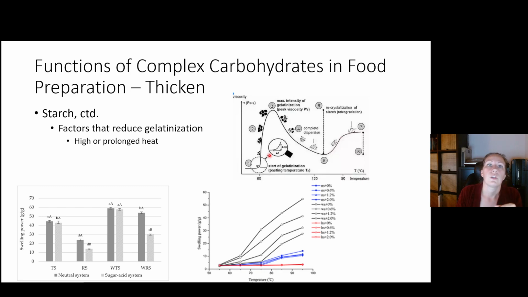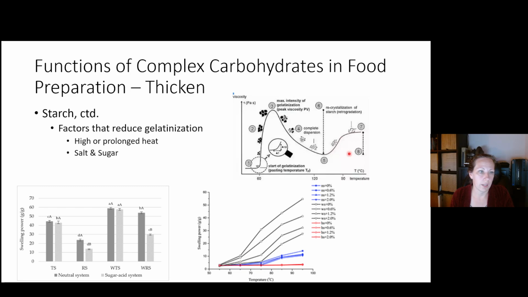So that you add water and break apart the sugar, hydrolysis. And so with too high heat, those starch molecules begin to break apart, and without them being held together, there isn't anything to trap all of that water. And so you lose some of that thickening.